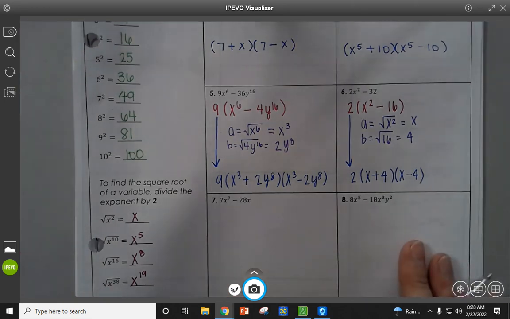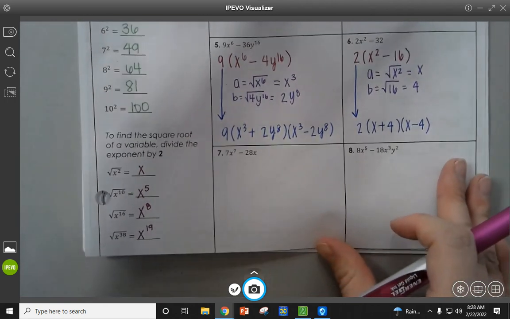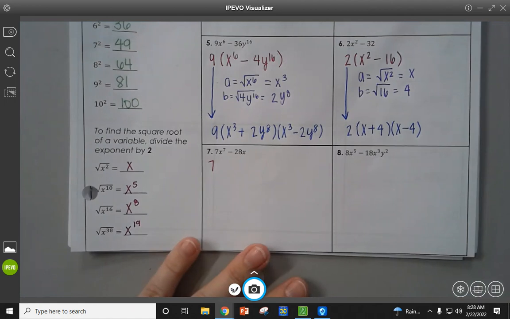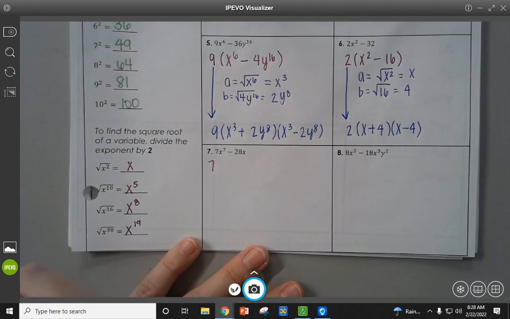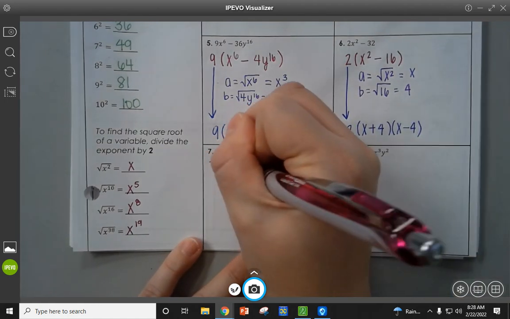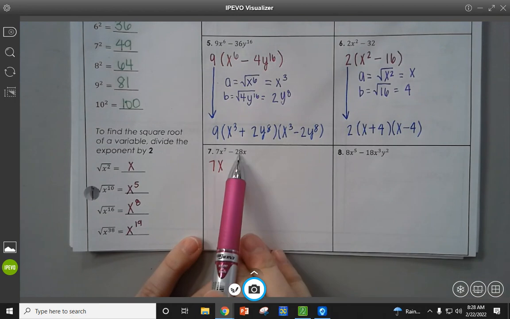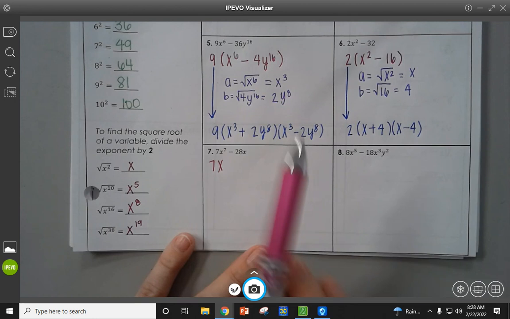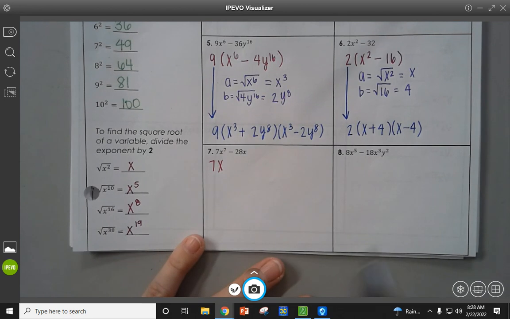Number 7, is there a GCF? 7. Anything else? They both have an x in common. And I can take out only one x because the 28 just has the one x. I can't factor out anything more than that.